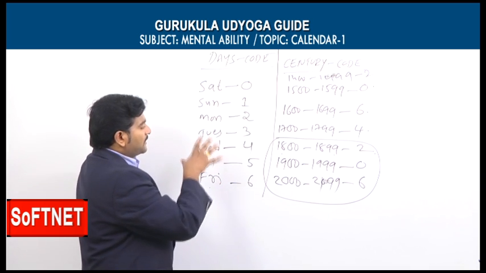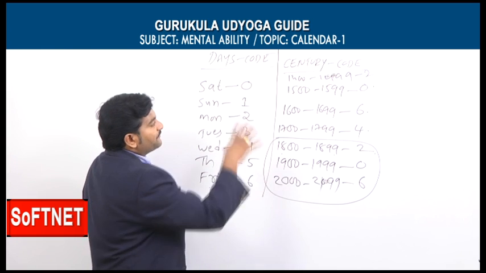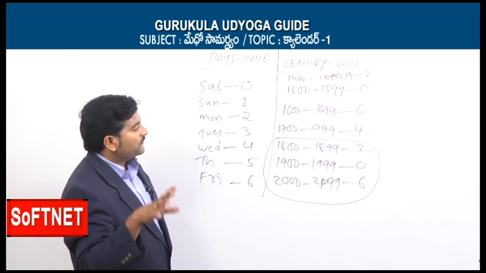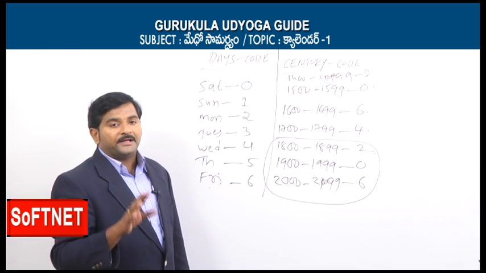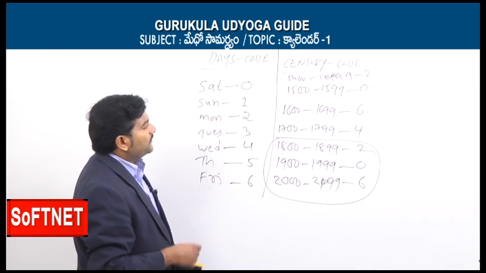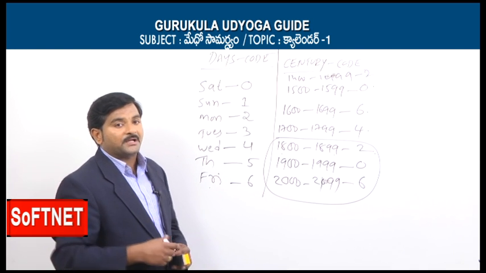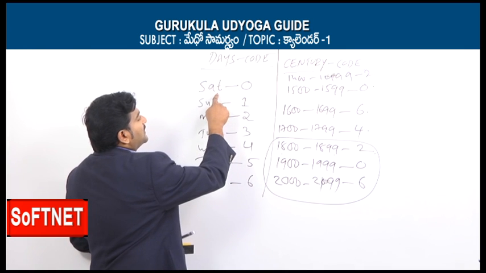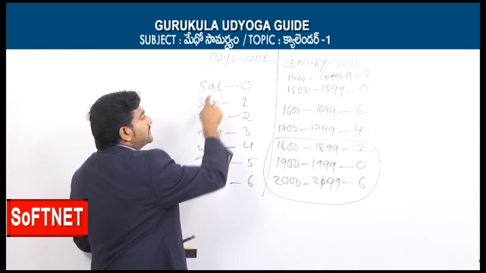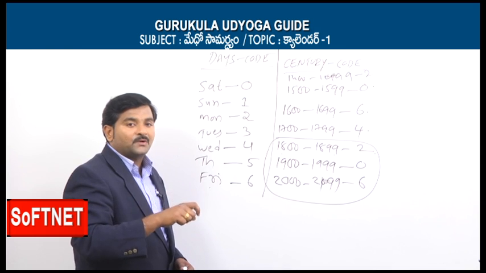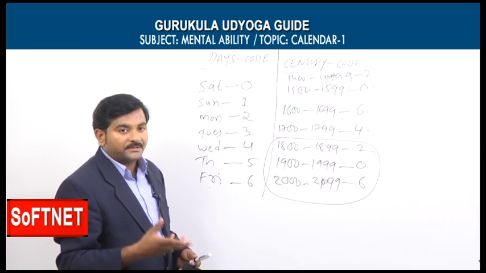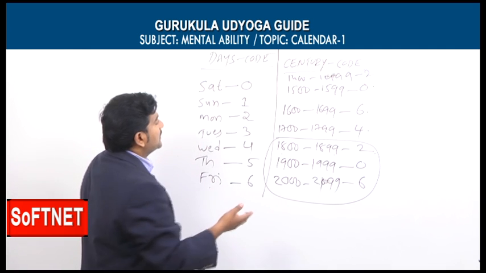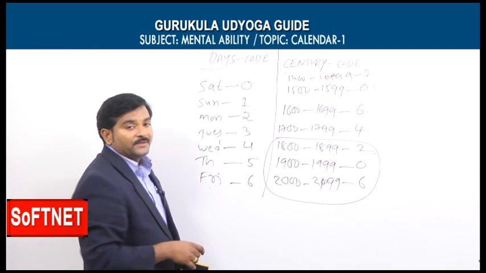So these are the day codes and century codes, and next we are discussing month codes. Before going to month codes, I need to give one clarity. If you refer to different textbooks in the market, in one textbook sometimes instead of taking 0 as Saturday, he will take 0 as Sunday, or in some textbooks 0 as Monday, or in some other textbook 1 as Monday.